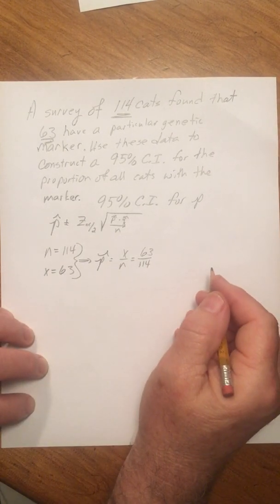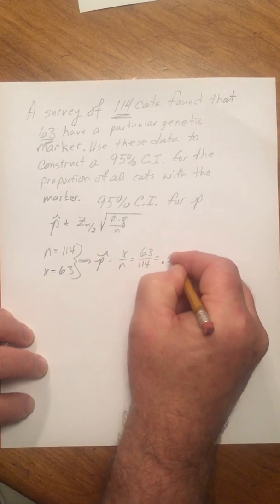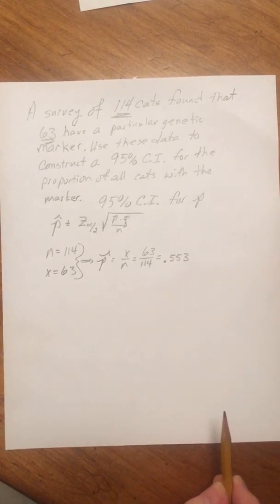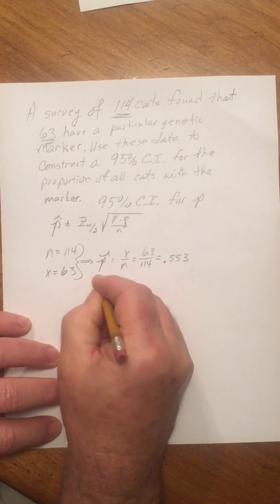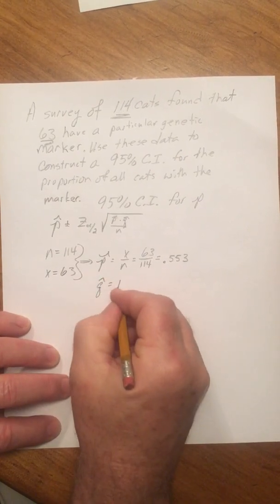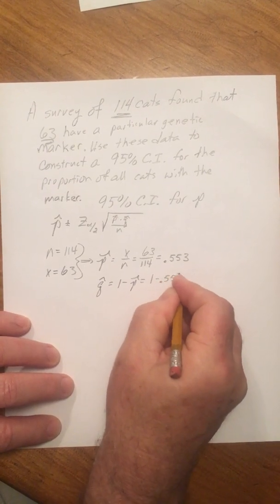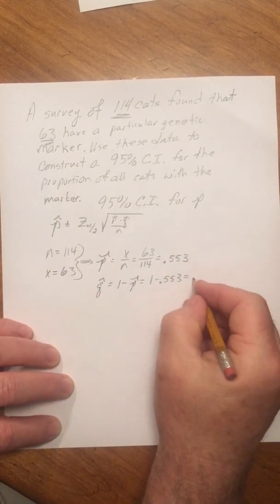I'm going to compute that, 63 divided by 114. I have 0.5526. I'm going to round that to 0.553 and be unapologetic in using this rounded value. And then from that, we can compute q hat, which is 1 minus p hat, 1 minus 0.553, and that gives us 0.447.